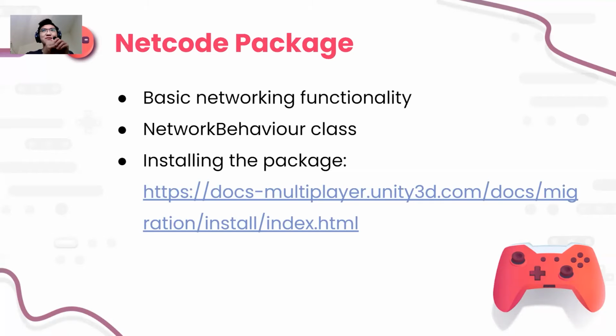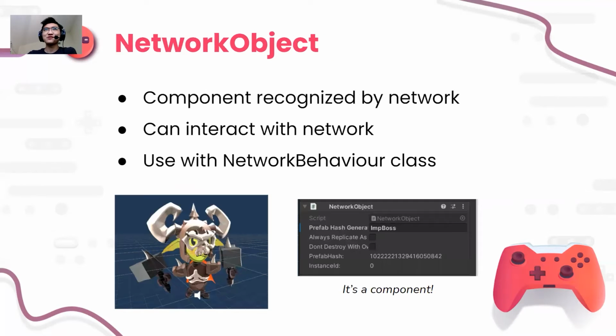I'm trying to give you a good foundation to help you go through the tutorial a little bit easier. And so the first important part to mention is the network object.